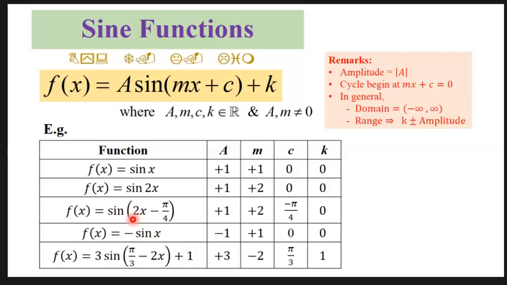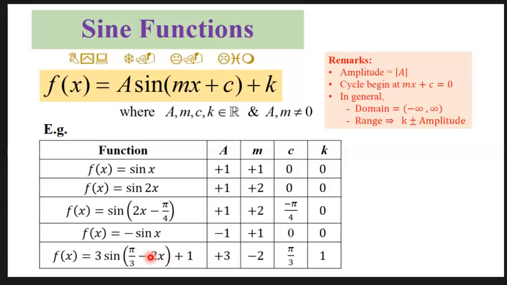Go further, if I have sin(2x − π/4), compared with the second one, the difference is an additional value for the constant c. Then the fourth one, negative sin x, compared with the first one, the difference is in the coefficient of the sine function.